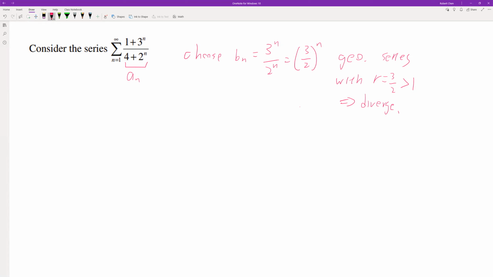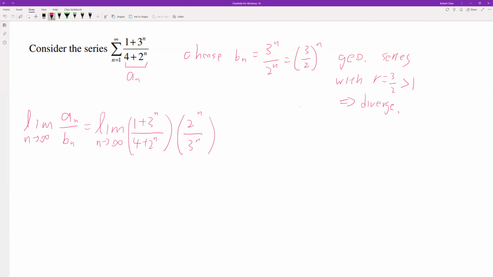Let's check. Take the limit as n approaches infinity of an over bn, which is the limit of 1 plus 3 to the n over 4 plus 2 to the n, divided by bn. So flip that. That will be 2 to the n over 3 to the n.